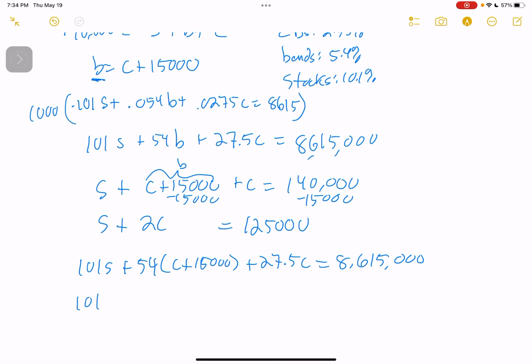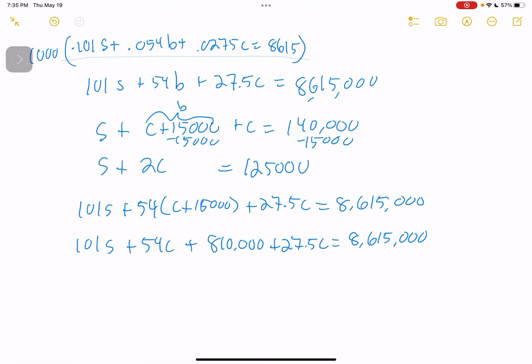So 101S plus 54C plus, and then 54 times 15,000 is 810,000 plus 27.5 C equals 8,615,000.